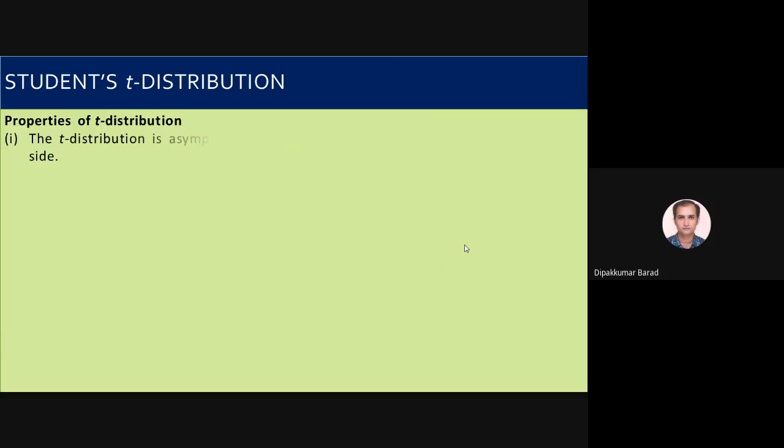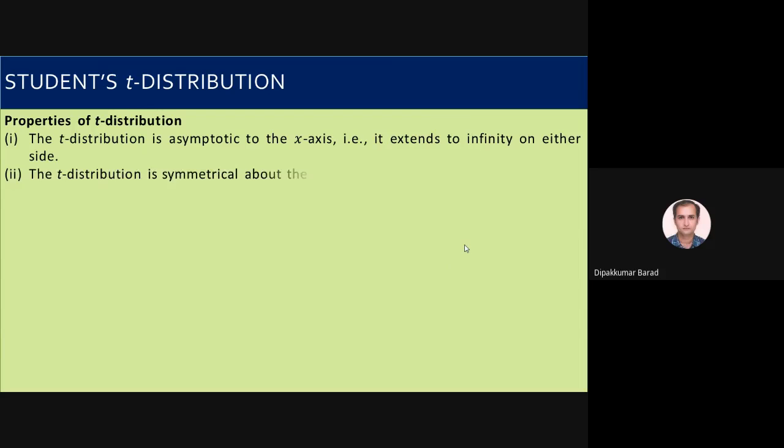Now the properties of the t distribution. First, the t distribution is asymptotic to the x-axis, which means it extends to infinity on both sides of the x-axis. Second, the t distribution is symmetric about the mean, and the shape of the curve varies with the degrees of freedom.